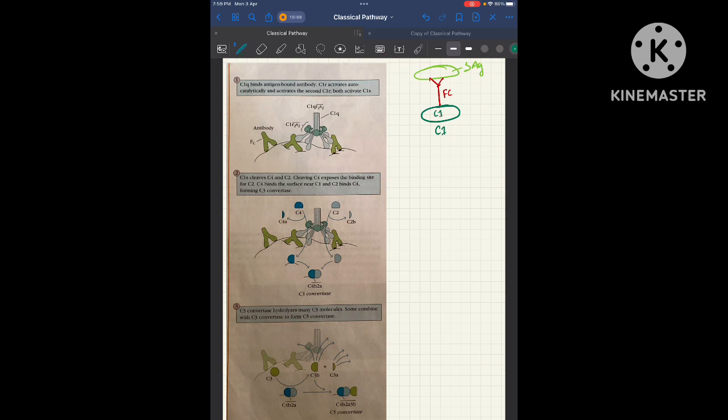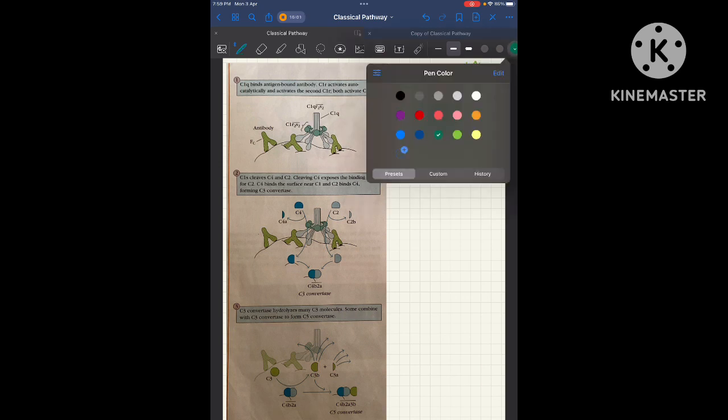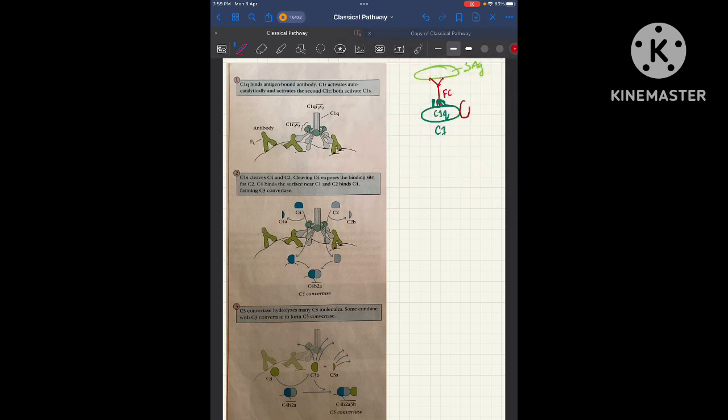C1 contains C1q, right? C1q has a globular head. With the globular head, C1q binds to the Fc portion of the antibody, and C1q is attached with 2 molecules of C1r, which are associated with 2 molecules of C1s.